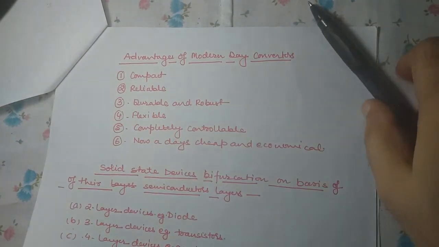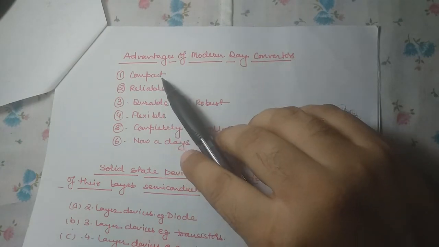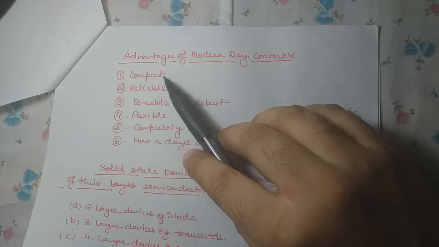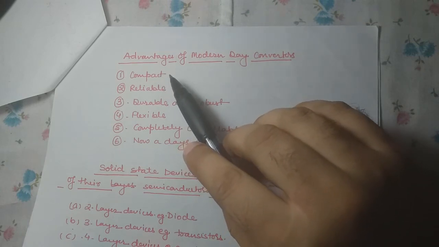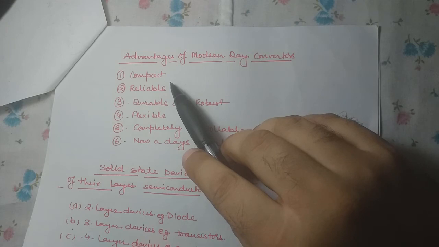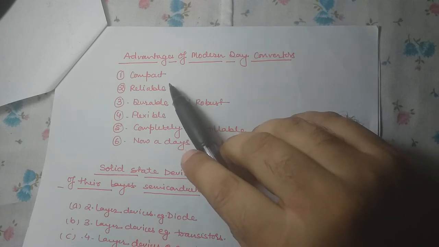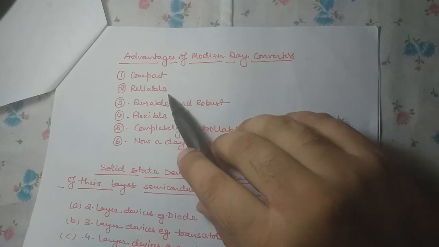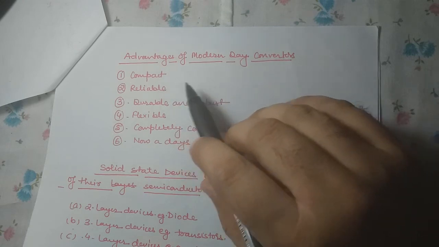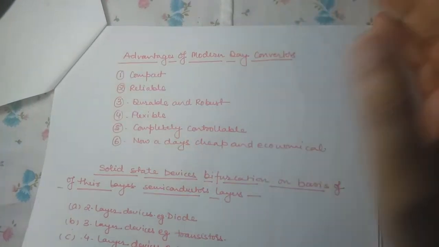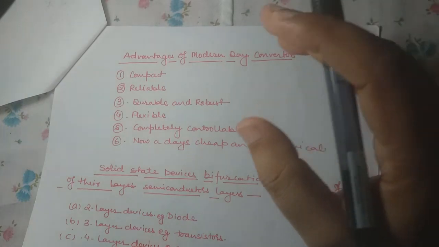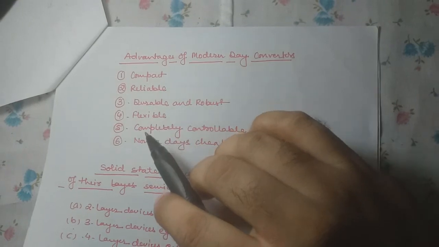The converter is designed small due to the compactness of the solid state components, and secondly, the chances of failure are less in the case of solid state devices. So these are the first two advantages.